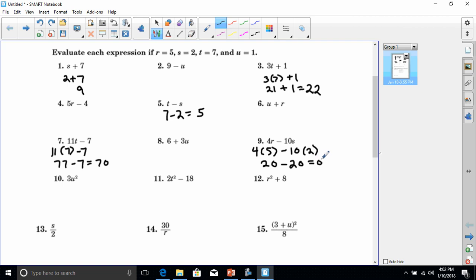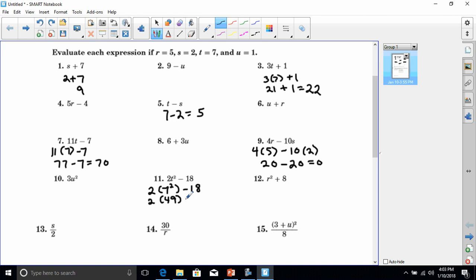All right, next we're going to do number 11. Number 11 says 2 times t squared minus 18. Well, first we have to know what t is, and t is 7. So we're going to have 2 times 7 squared minus 18. And now we can say 7 squared, because we have to do exponents first, is going to be 2 times 49, because I believe 7 times 7 is 49.